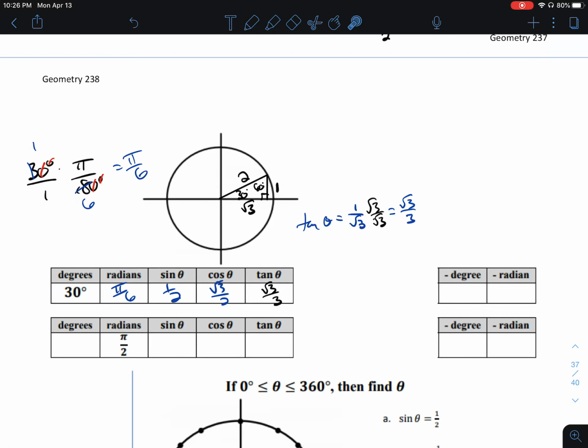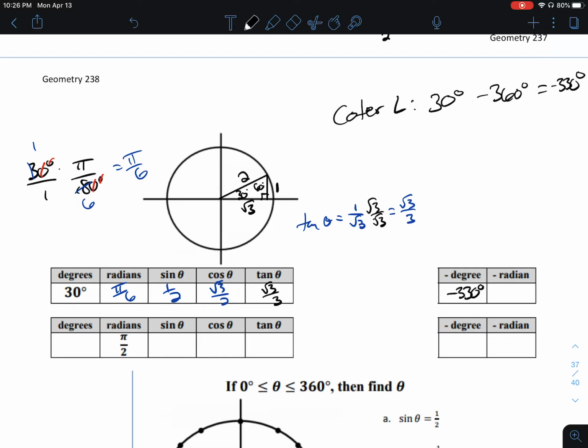Then over here, we got more to the table. Give me a negative version of this degree. Well, 30 degrees, if you want a coterminal angle, going to subtract a complete revolution. That's negative 330 degrees.